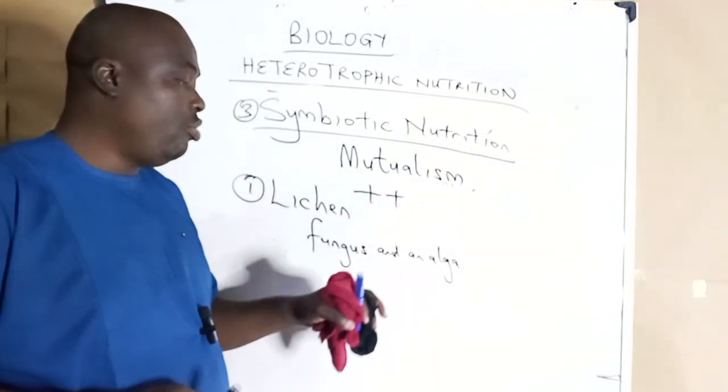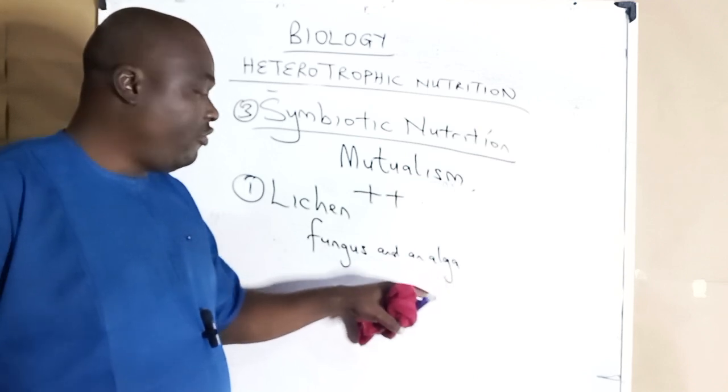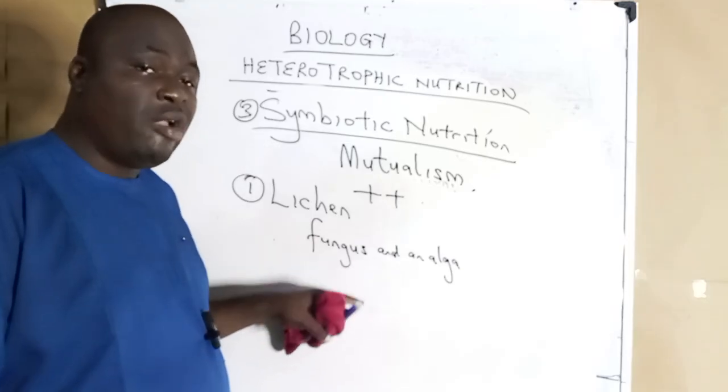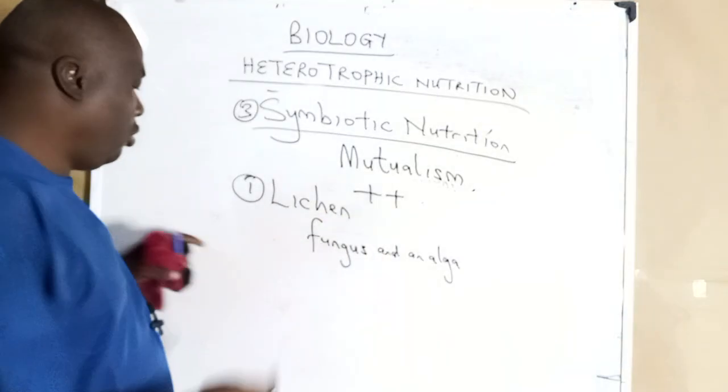What happens? The alga provides food by photosynthesis for the fungus, while the fungus provides water, mineral salts, and shelter for the alga. So they both benefit.